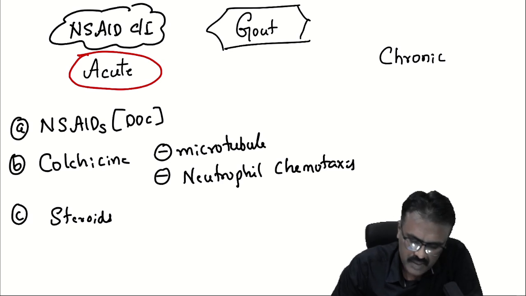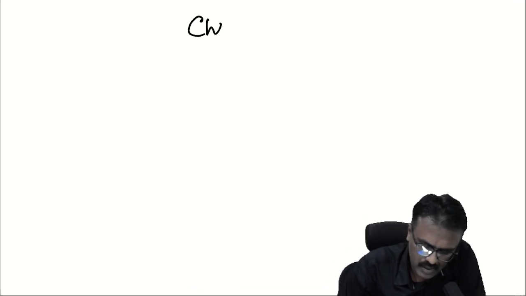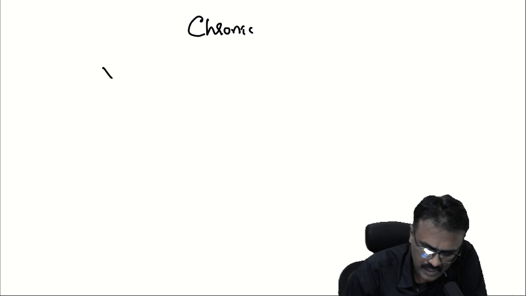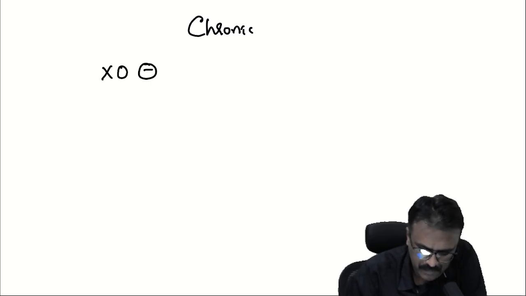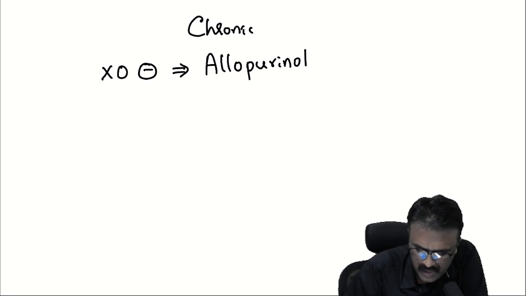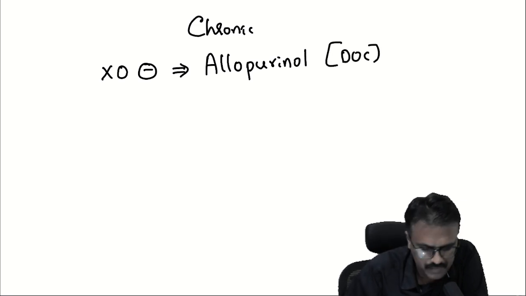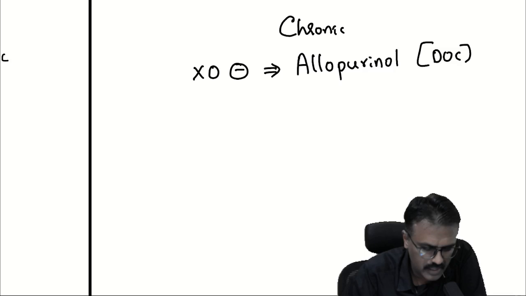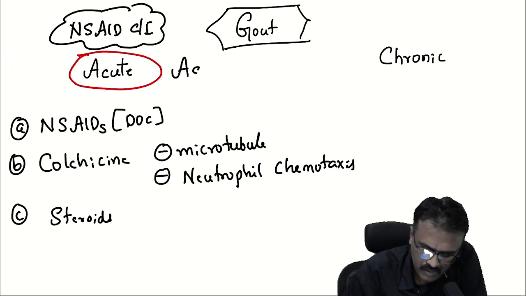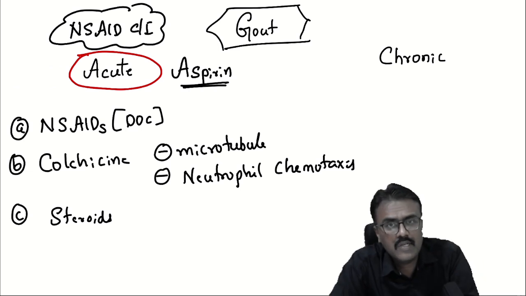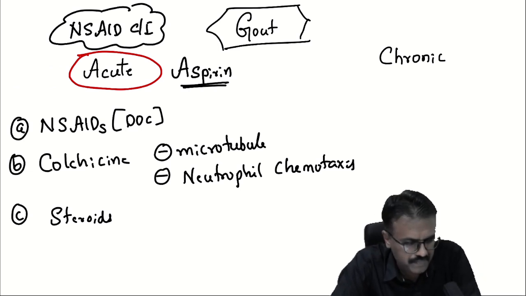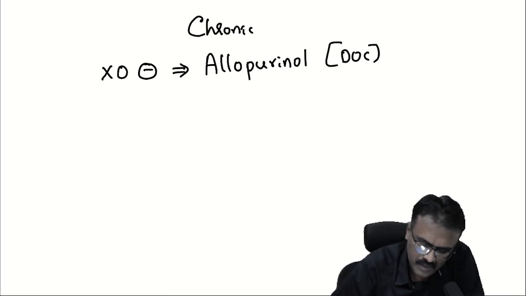Let me take one more page and tell you drugs used in chronic gout. So we use a xanthine oxidase inhibitor. XO means xanthine oxidase inhibitor. The name, I told you in the class, is allopurinol. It is the drug of choice for chronic gout. Yes, you are right. The NSAID which is not given in acute gout is aspirin, because aspirin itself increases uric acid and worsens the gout. Chronic gout, the drug of choice is allopurinol.